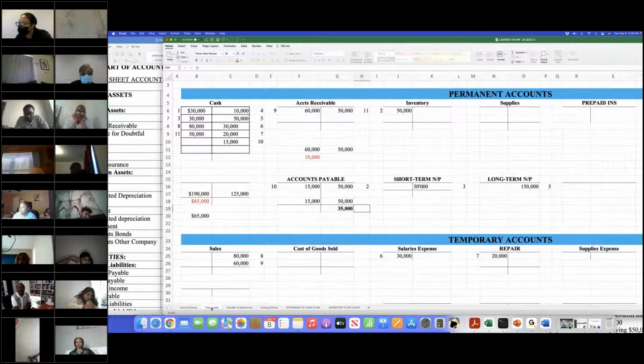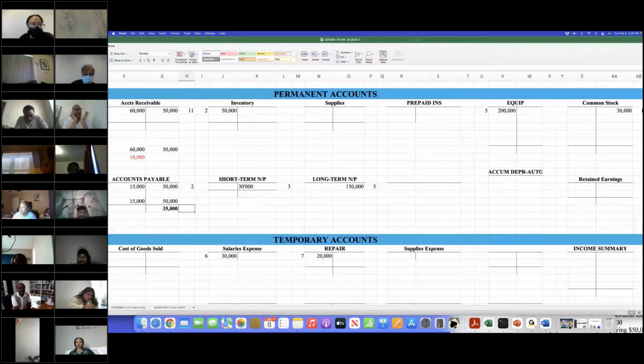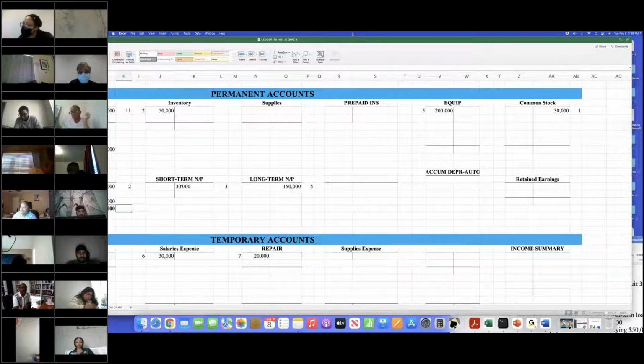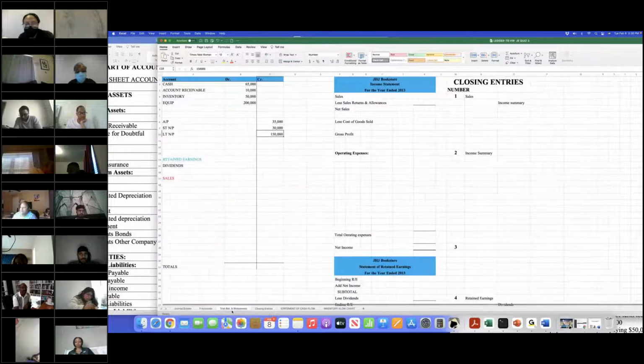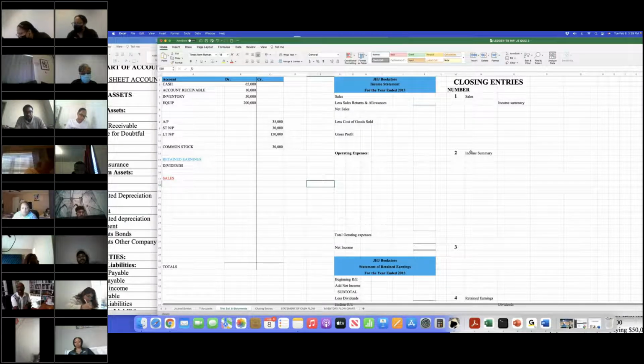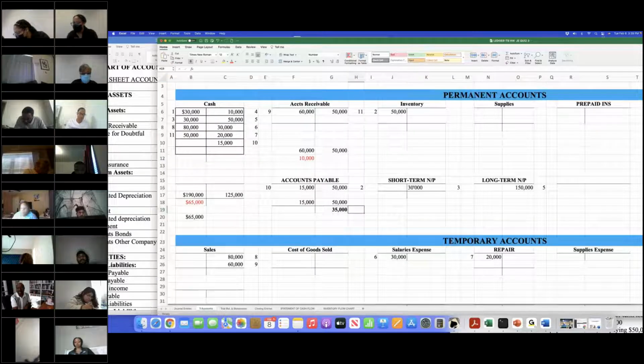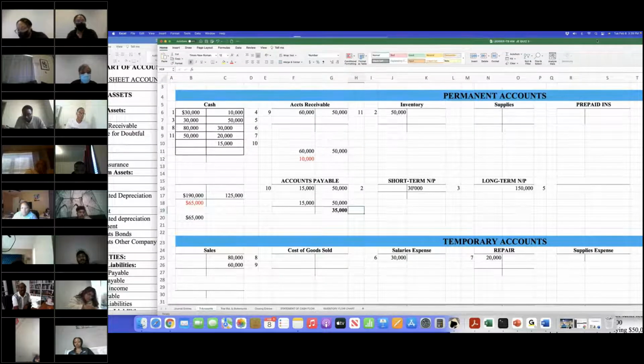Then we're going to come over and pick up our common stock, 30,000. Then the dividends we said were 10,000. So we look on the T accounts. We have that dividend way over here for reasons, 10,000.